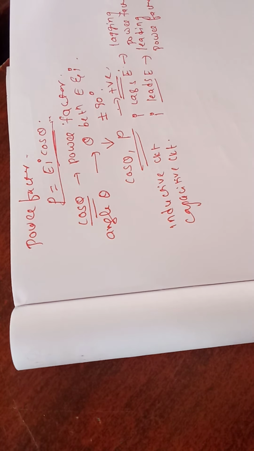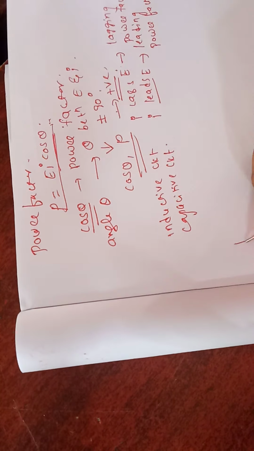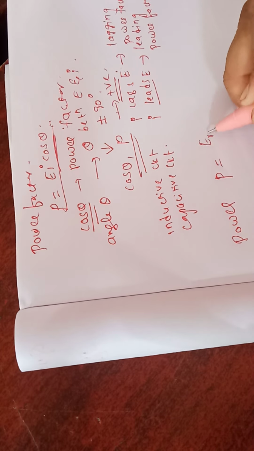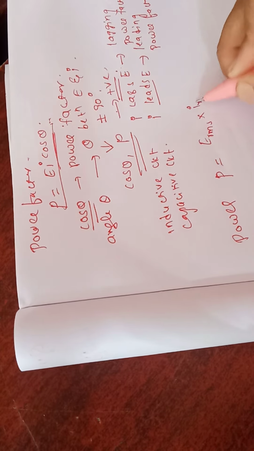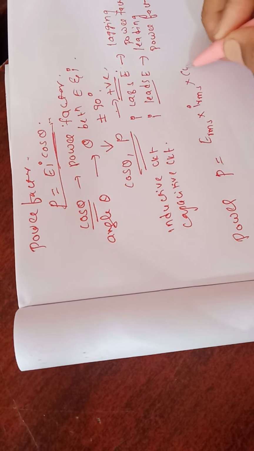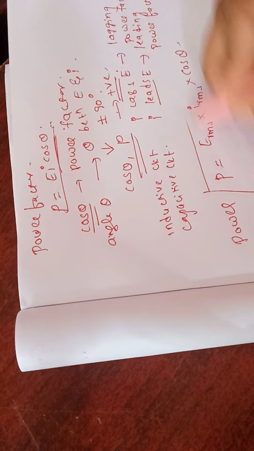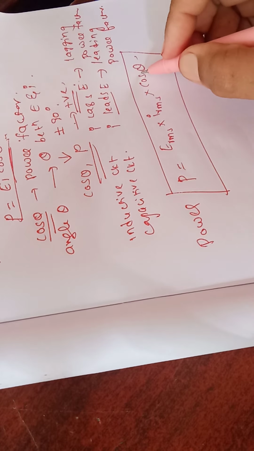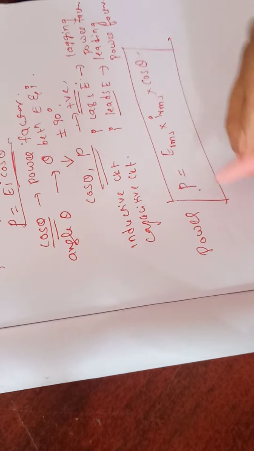So now, what is the formula for power? Power P is equal to ERMS into IRMS into power factor. We can write the complete formula for power as ERMS into IRMS into cos theta. This we call true power.